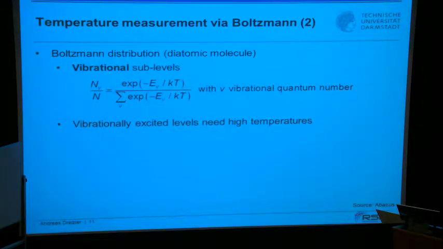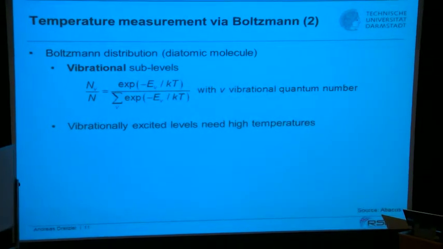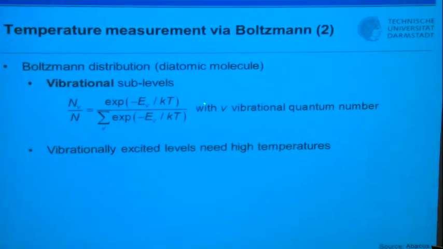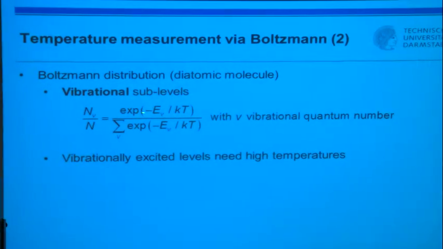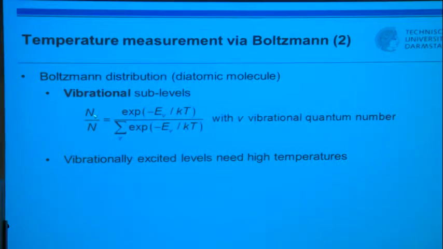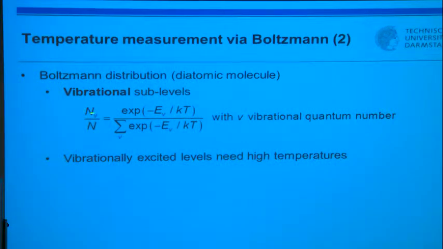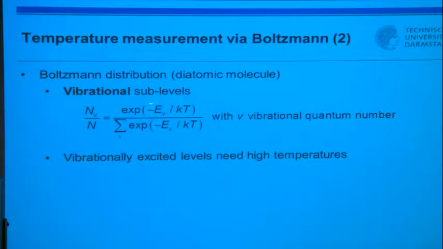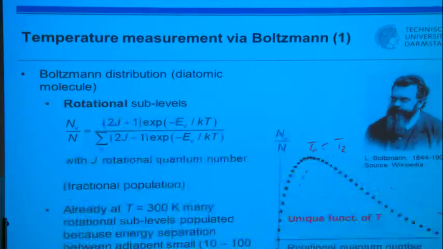Okay, now we switch from the rotational to the vibrational eigenstates. Here, for a diatomic molecule, you find now the Boltzmann fraction given as function of the vibrational quantum number, which is now V, according to the energy levels of this vibrational state. And I go back.